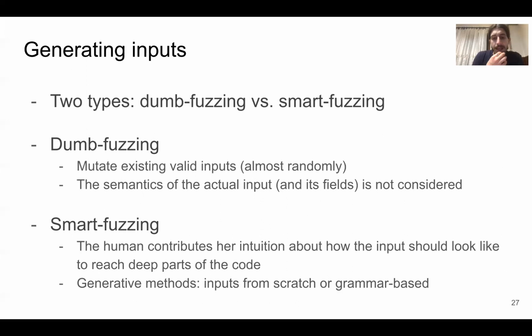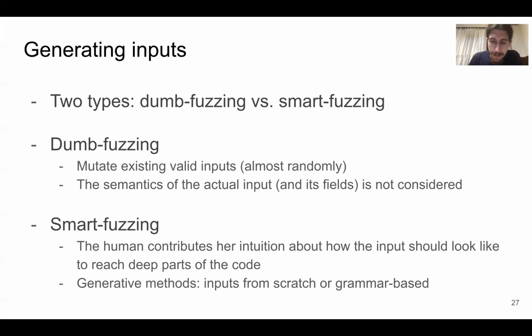Smart fuzzing, that's where the human contributes a bit of their intuition on what kind of input should be changed in the file. Some file parts are maybe more prone to lead to a corner case in the parser, and smart fuzzing tries to include this knowledge into the fuzzer or the mutation algorithm.